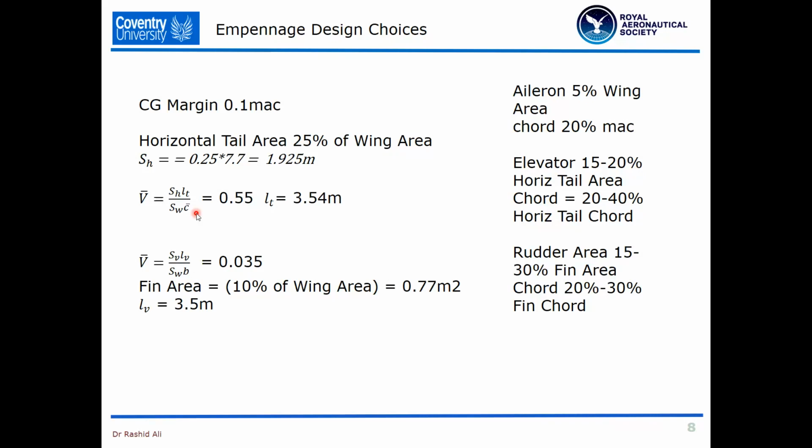That means if I position my wing, I can position my tail a suitable distance away. And this is the tail arm, in my case, 3.54 meters away.